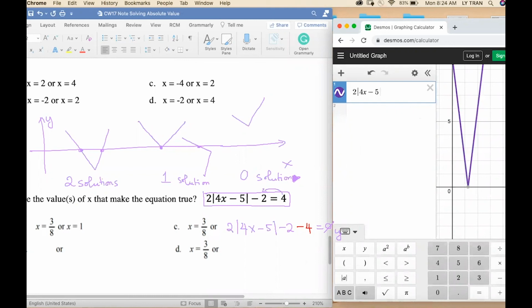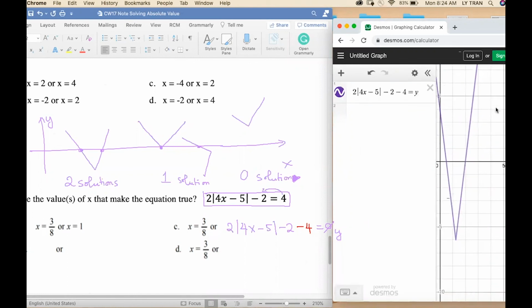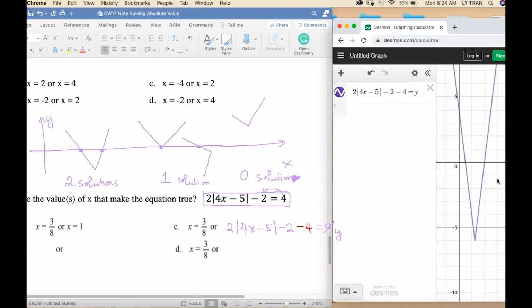So I'm gonna get out, and then I have -2, and then I have -4 equal y. And I see this picture again, how many times do they cross the x-axis? Let's double check, 1 and 2. So they have 2 solutions, 0.5 and 2, okay? So my first solution is x equals 0.5. My second solution is x equals 2, given as the answer.